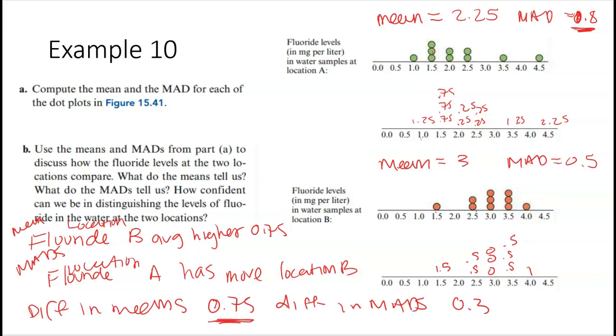So that is way more than the MADs, right? So we can be confident that there is more fluoride in location B because the mean is higher and the difference in those means is a lot more than 1 MAD. It's almost 3 MADs. So we can be pretty confident there.